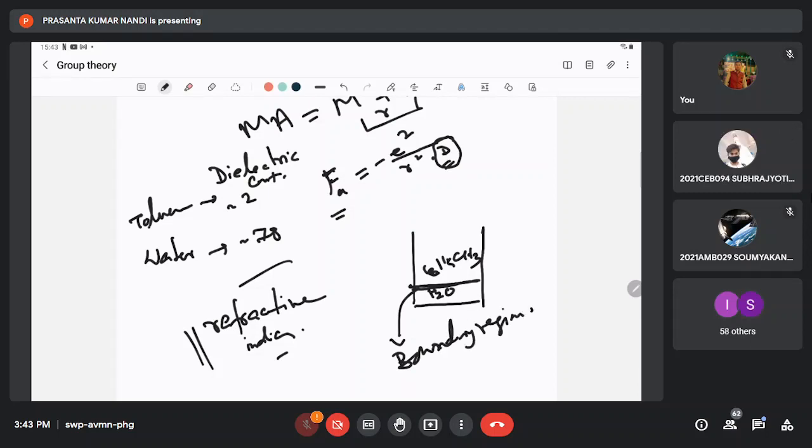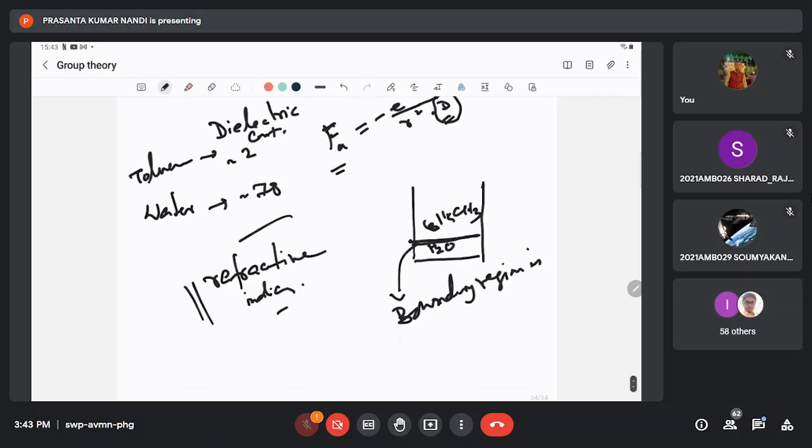I cannot remember the magnitude of the refractive index of water or toluene; you can get it from the website.